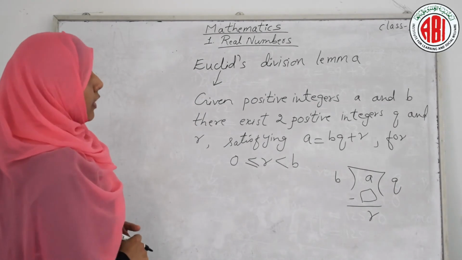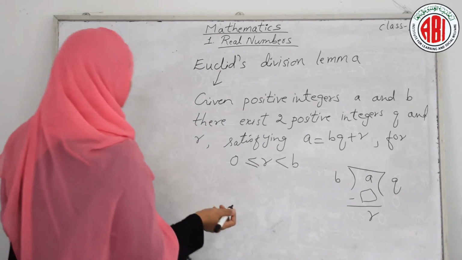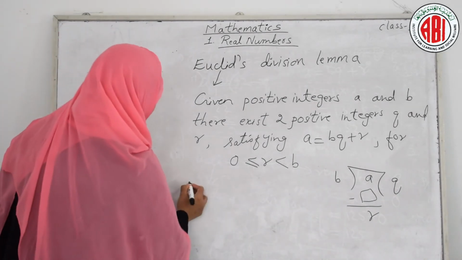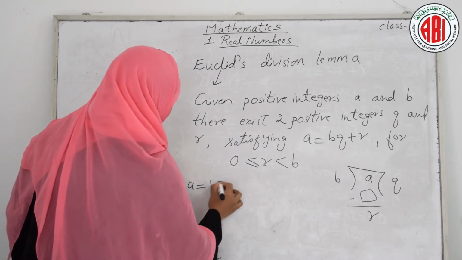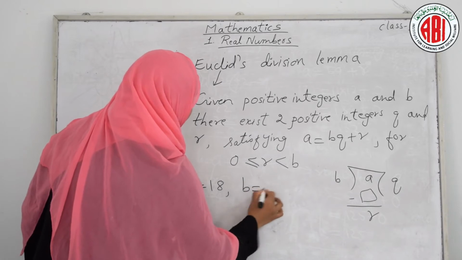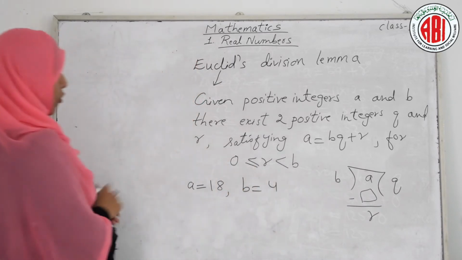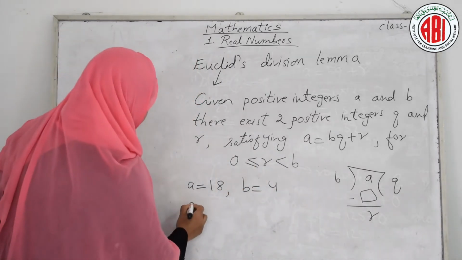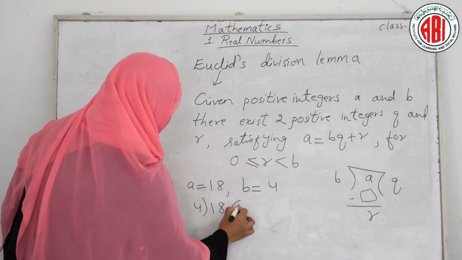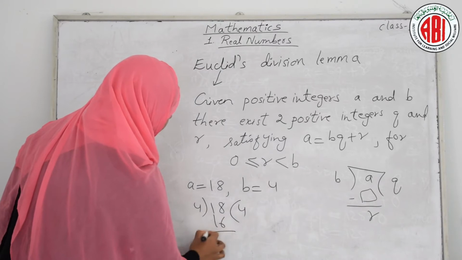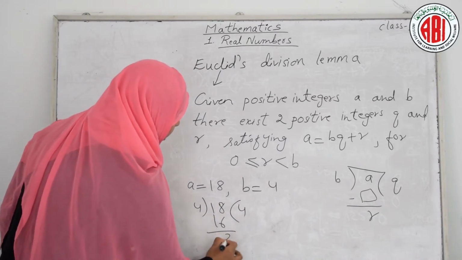For this we will do some problems. Let us take A equals 18 and B equals 4. Here 4 fours are 16. 18 minus 16, we write 2.